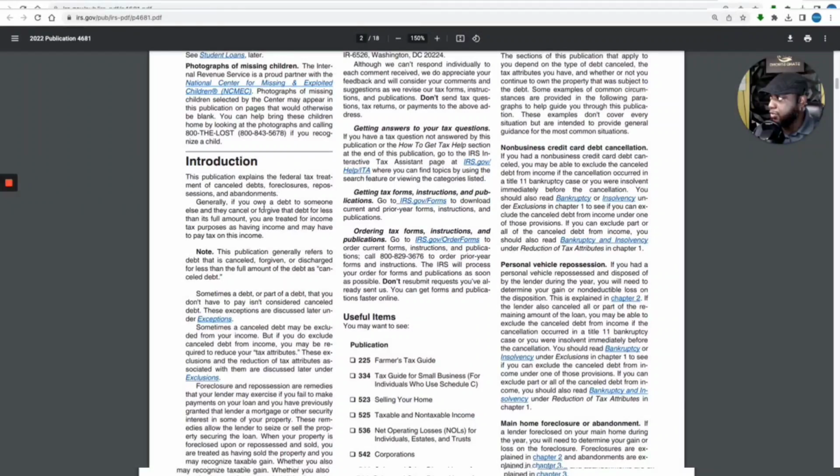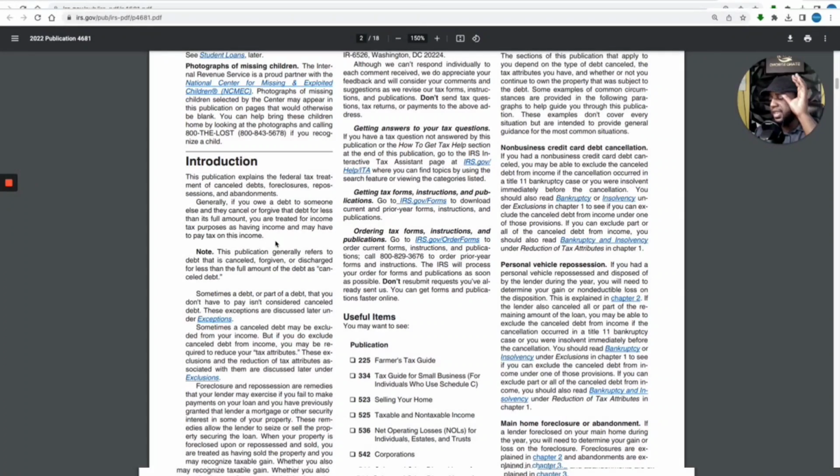Generally, if you owe a debt to someone else and they cancel or forgive the debt for less than its full amount, you are treated for income tax purposes as having income and may have to pay taxes on this income.